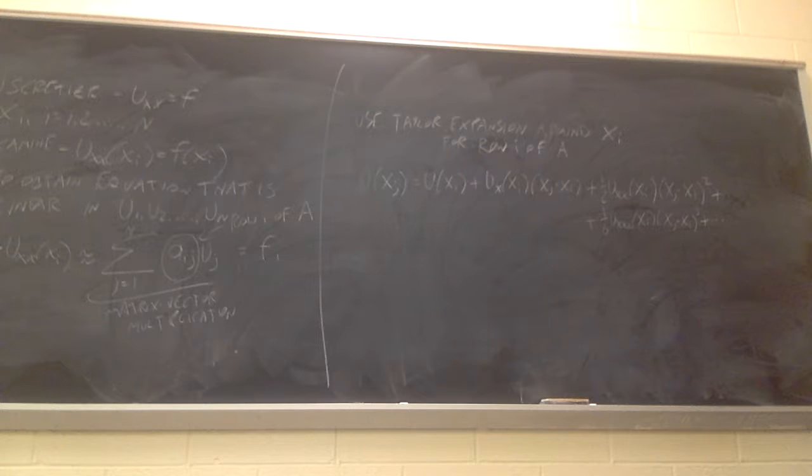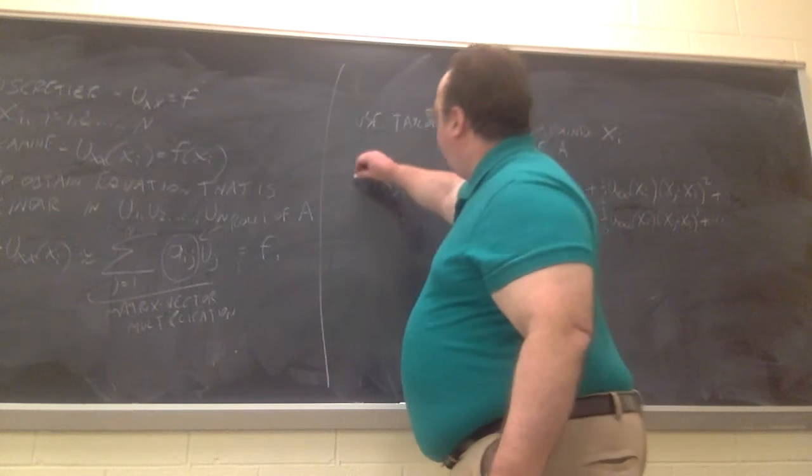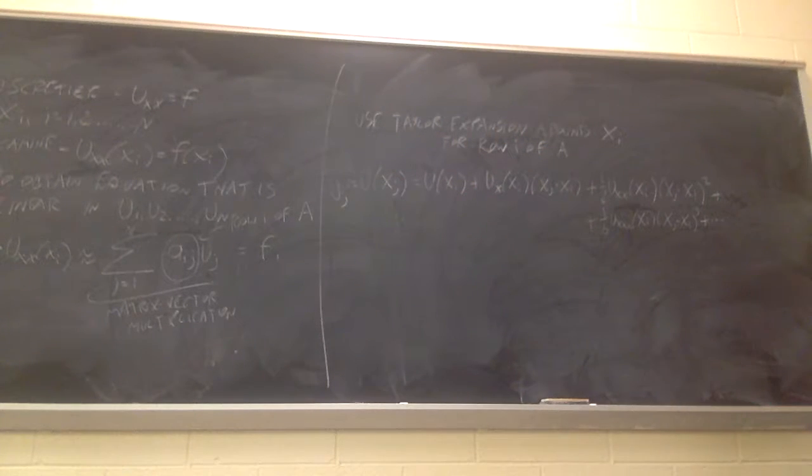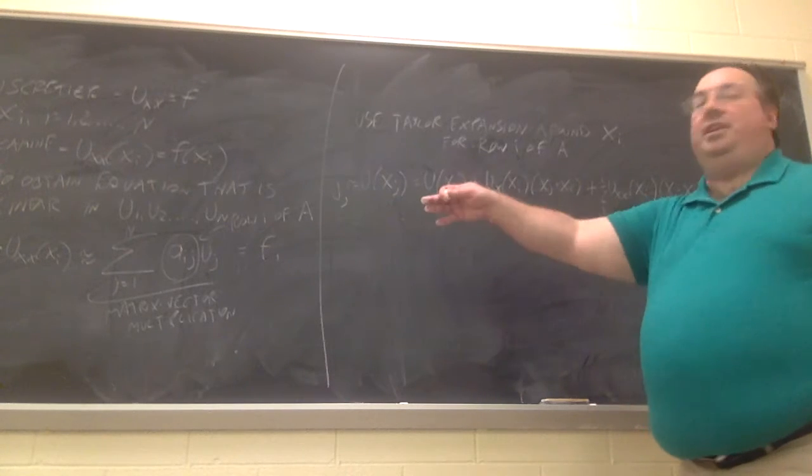Now here's where things begin to get really messy. So this is approximated by uj. If you look over there, I have this sum, aij uj. Now I'm going to take this Taylor expansion and substitute it for uj.